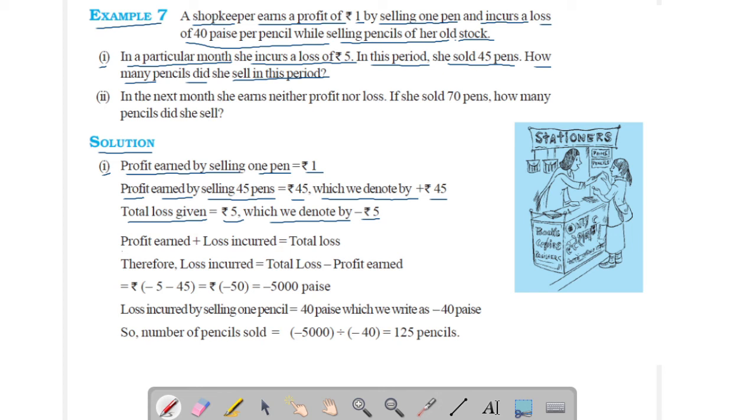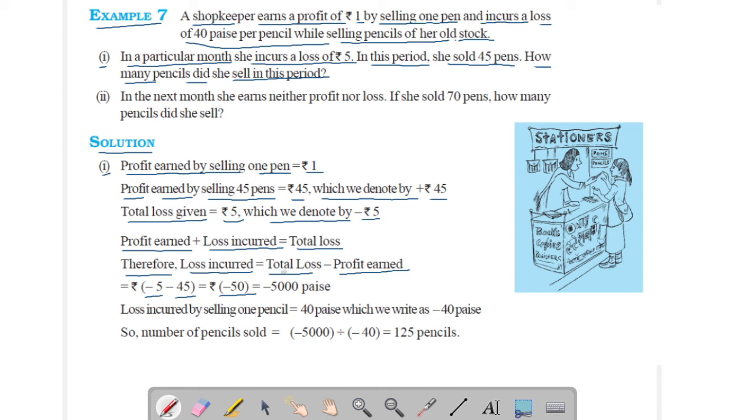Profit earned plus loss incurred equal to total loss. Therefore, loss incurred equal to total loss minus profit earned equal to rupees minus 5 minus 45 equal to rupees minus 50.